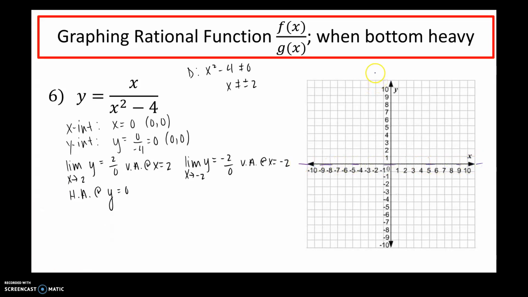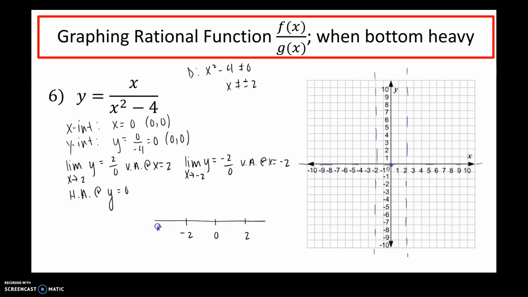X-intercept and y-intercept at 0, 0. All right, so let's do our sign analysis. Asymptote at negative 2, x-intercept at 0, asymptote at positive 2.